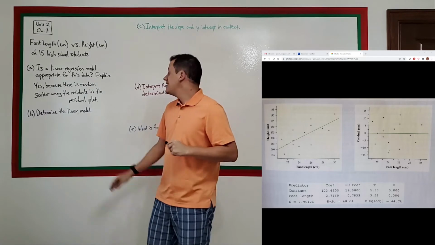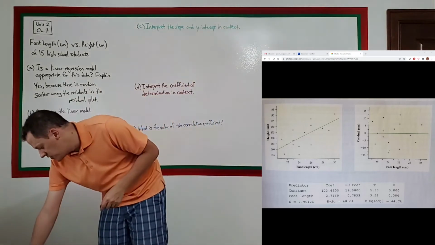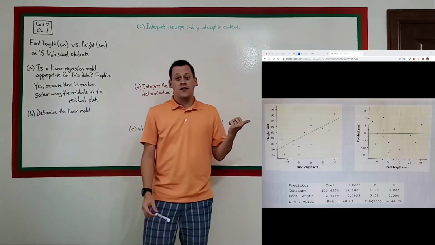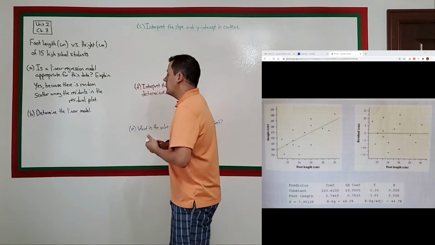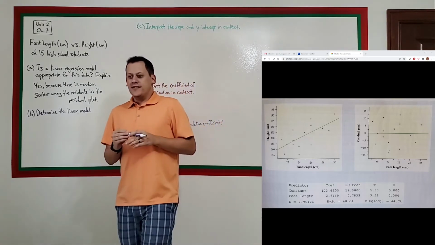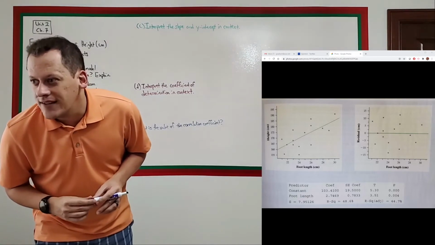Part B, determine the linear model. Now, this is going to be very difficult to do using the graphs. We're going to have to interpret this output. So, we can see down there it says predictor, constant, and foot length.